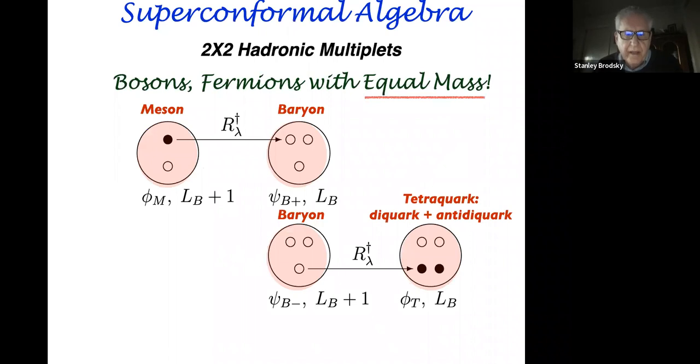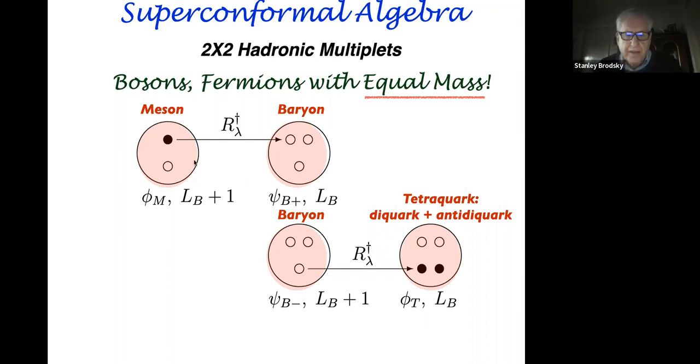Now you also have in superconformal algebra this other type of duality. That is, the mesons, which are quark-antiquark, and the baryons, which are quark-diquark, have these two components for the baryon, L equals 0 and L equals 1 for protons, and then you get the tetraquarks. Together, they actually form a representation because of the quark-diquark structure.